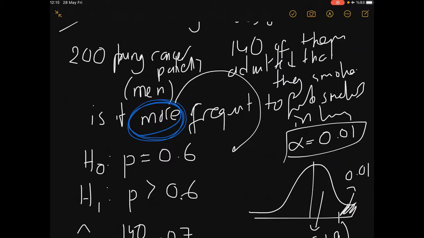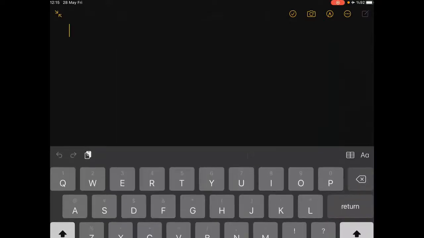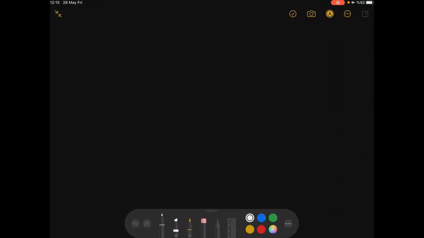Let's solve another example here, where we will compare the difference between two populations. This is the fourth example from our textbook.